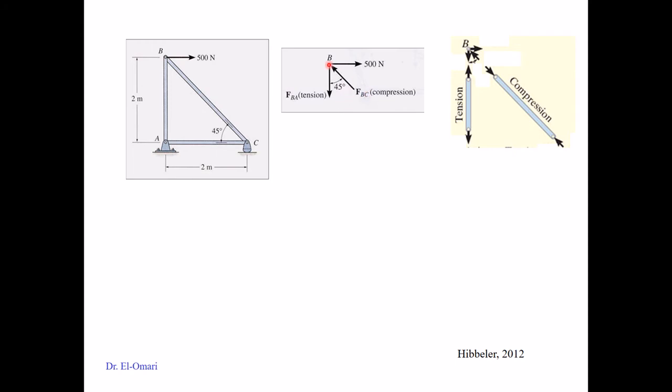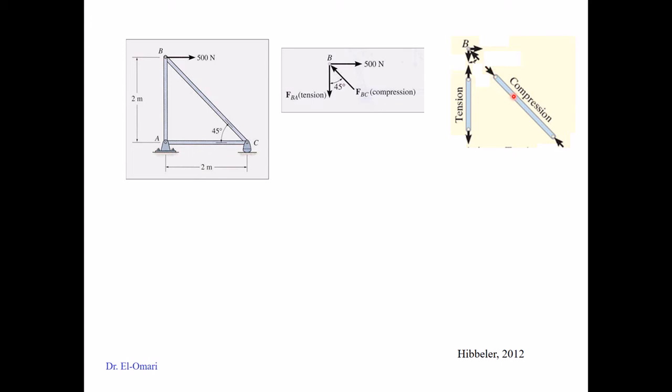You make an assumption that this force is going towards the joint, and then the calculation shows you whether this is a right assumption. If you cut the member or disconnect it, you will have two forces that are equal and opposite in direction.